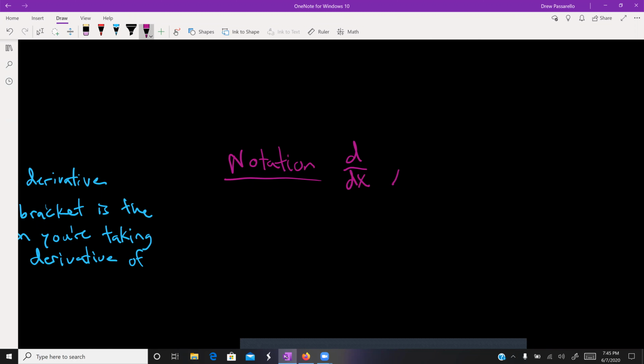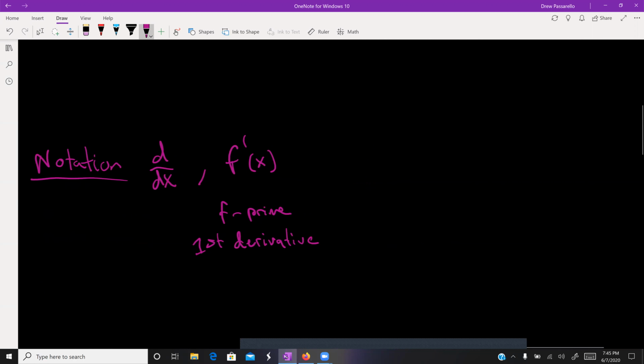They'll also commonly use f prime of x, which is read f prime of x, and that's the first derivative of the function. One prime mark means it's the first derivative. We'll learn later on you can take a second derivative.